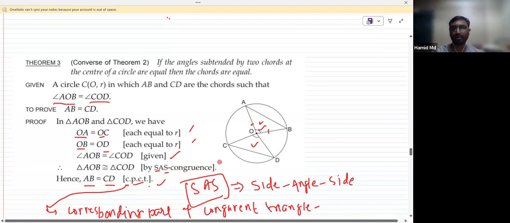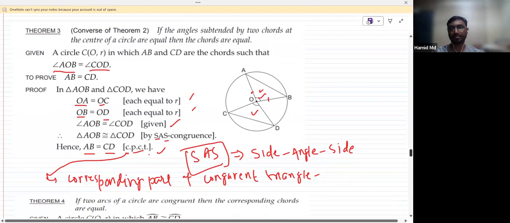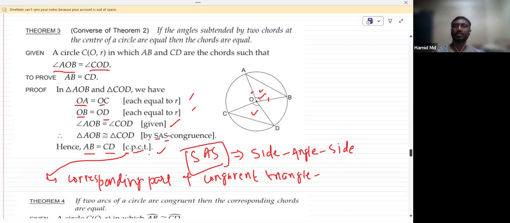So if you don't remember the meaning of all this, you may write it down. We learned this SAS and SSS congruence last year, so recall it.